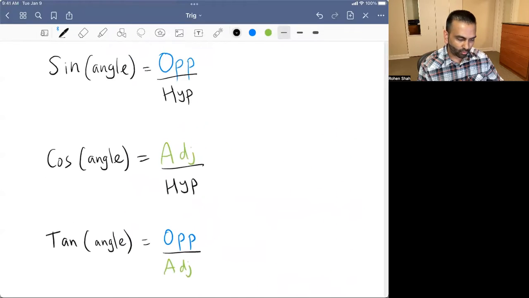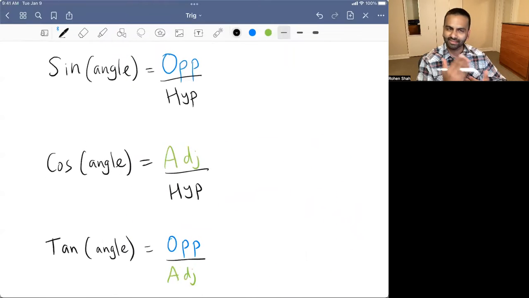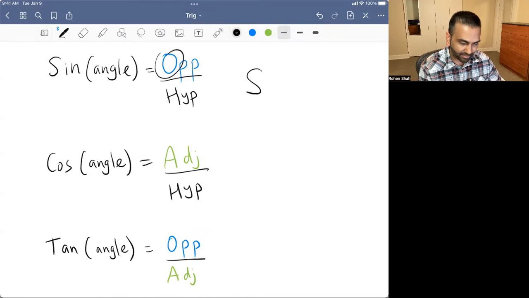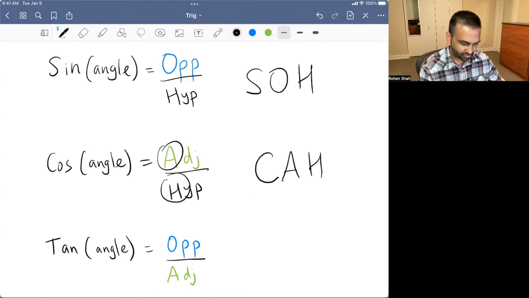Now, there's a way to memorize sine, cosine, and tangent and which one is which. The sine, you can call that S, is opposite, O, over the hypotenuse, H. And then the cosine is adjacent over hypotenuse, that's AH.